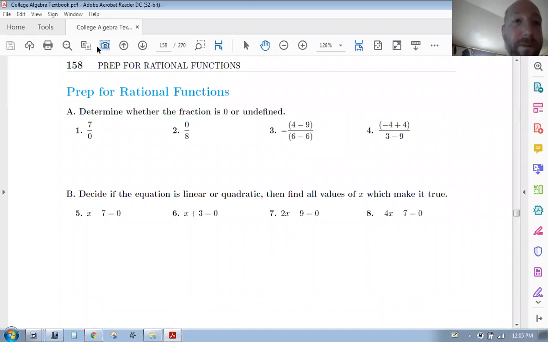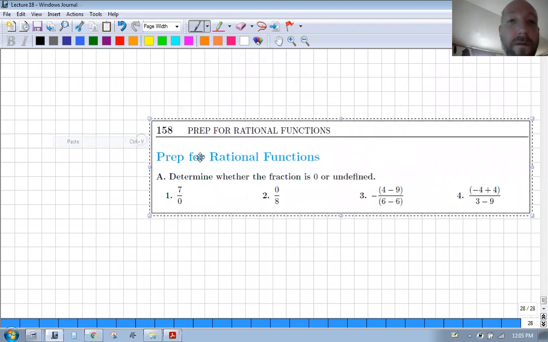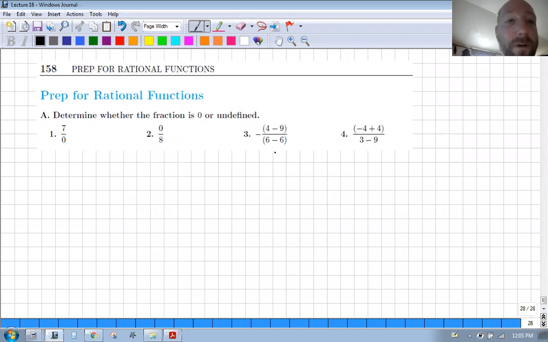Page 158. Determine whether the fraction is 0 or undefined. You cannot divide by 0, right? Remember, dividing by 0, this is positive or negative infinity, right? Think of a slope, your change in y over your change in x.